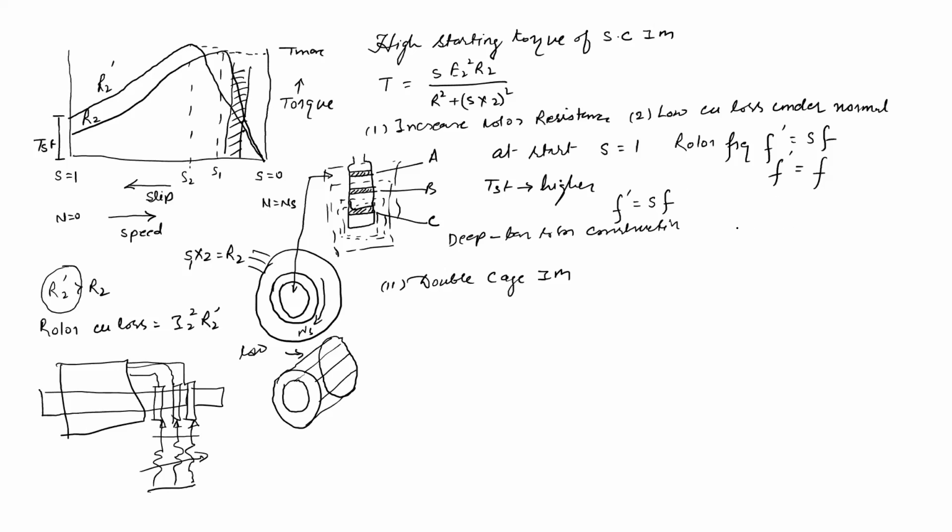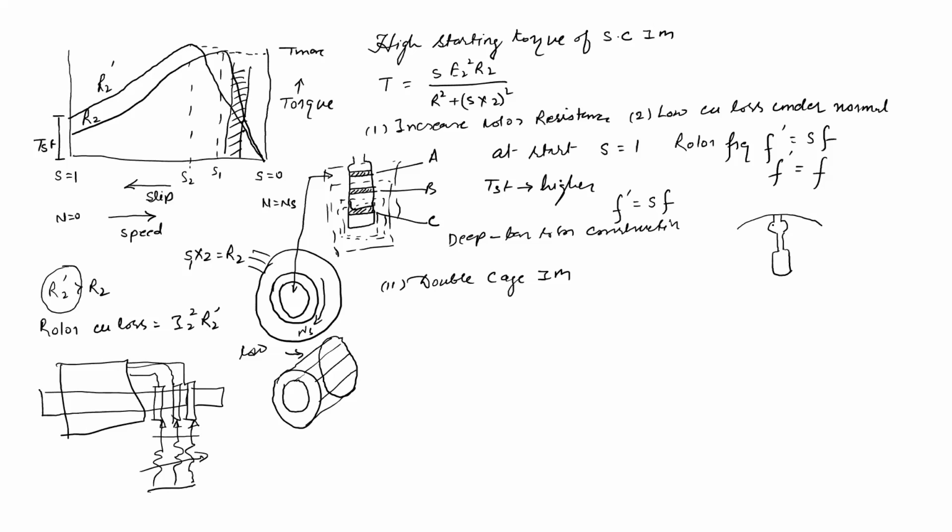So suppose this is the rotor surface. Here the rotor grooves are made to embed the rotor copper bars. Now the second bar is like this one. I'm just explaining with only one conductor of the periphery, and there are a number of copper bars.